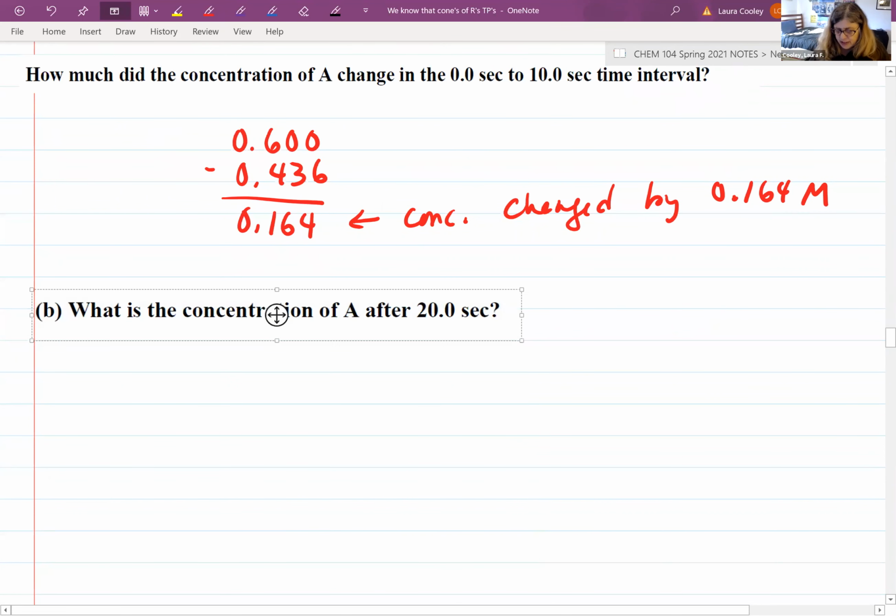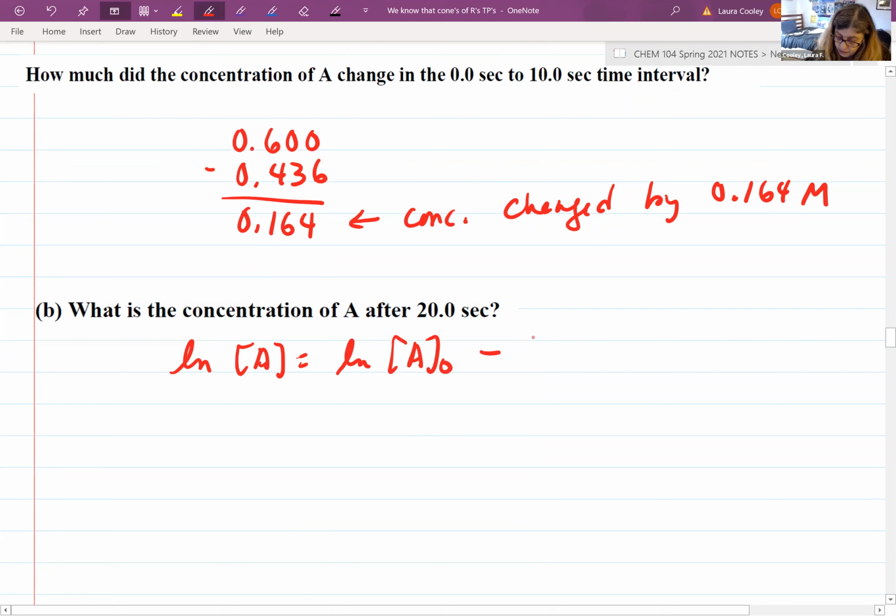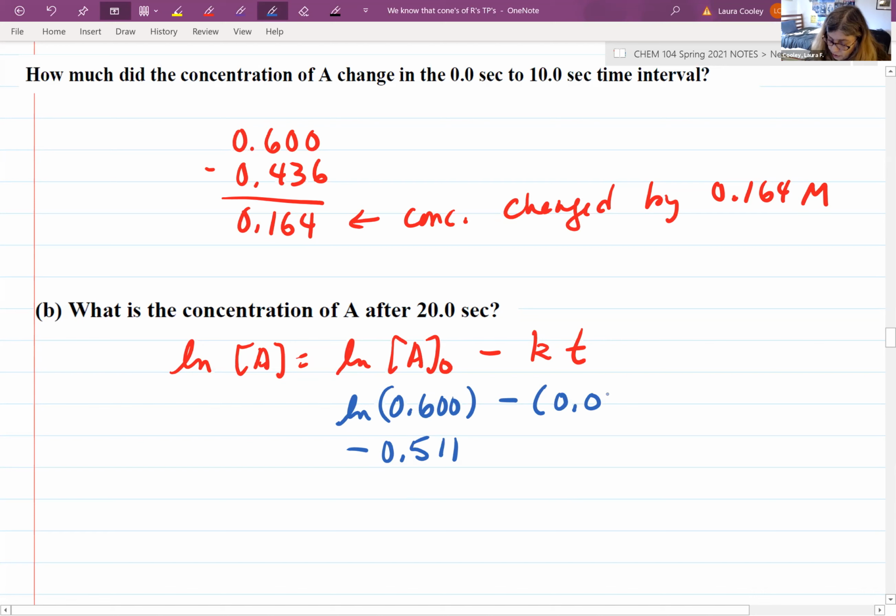We're on a roll. What is the concentration after 20 seconds? We use the same method. ln A is ln A0 minus KT. Okay. All right, we're going to use the same. This is log of 0.6, which we already figured out, which is negative 0.511, minus 0.0320 times 10 seconds.